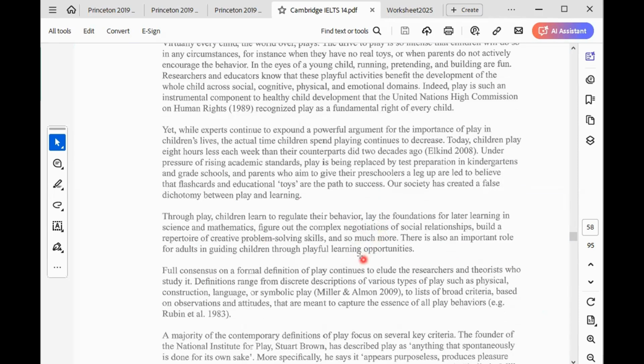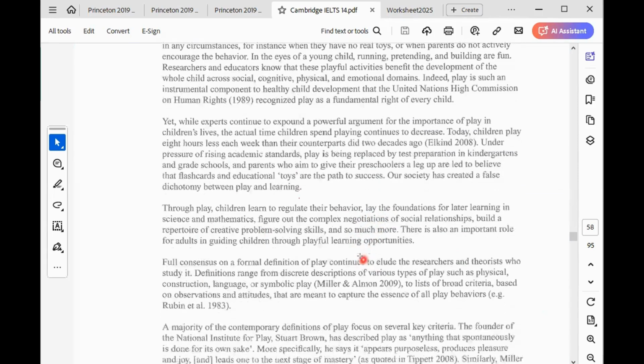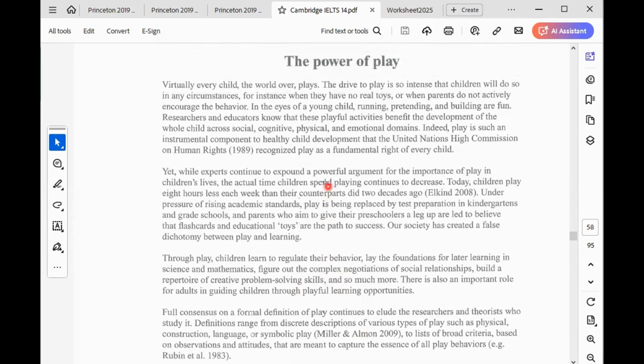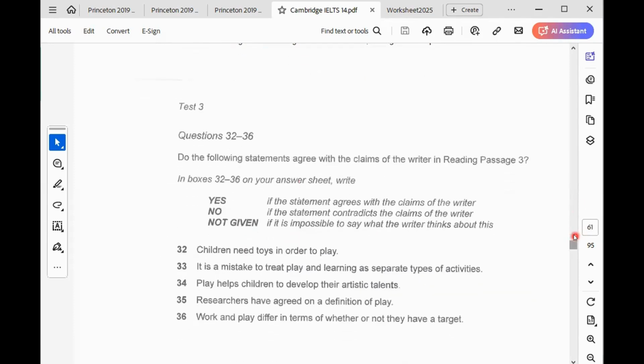I can't say anything about artistic talents here. We don't know. The answer is not given. It's not mentioned. We don't know whether artistic talent is inside this so much more. So we're going to pick not given. Artistic talent is so important that it should have been mentioned, but they didn't mention it. So I'll pick not given.